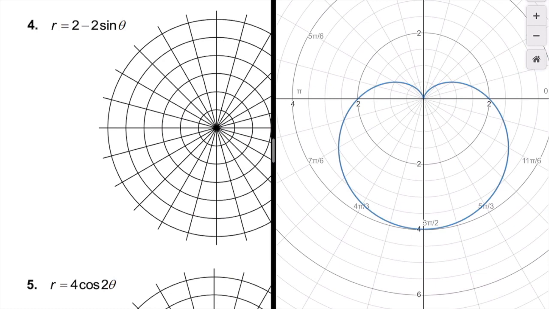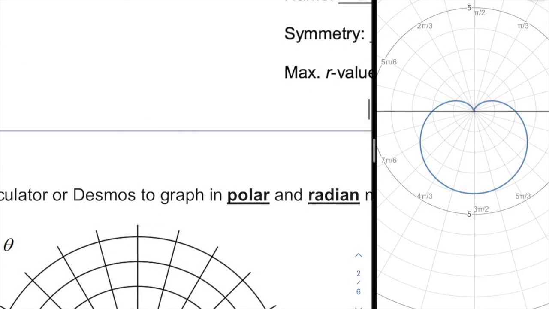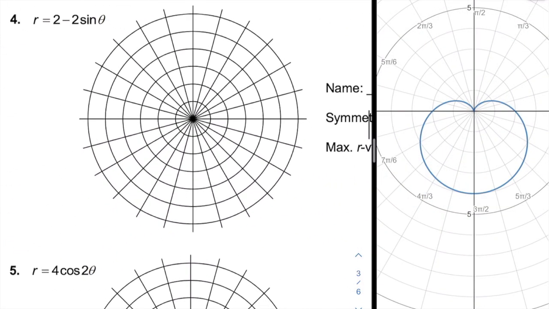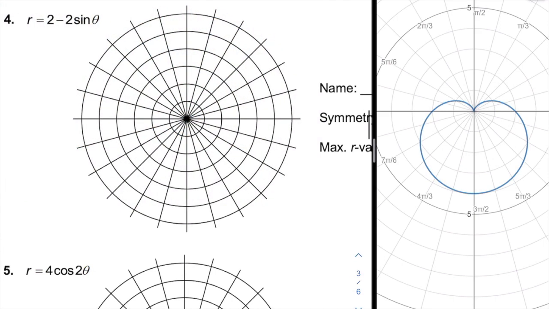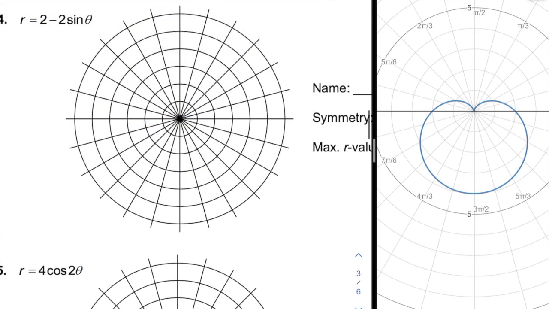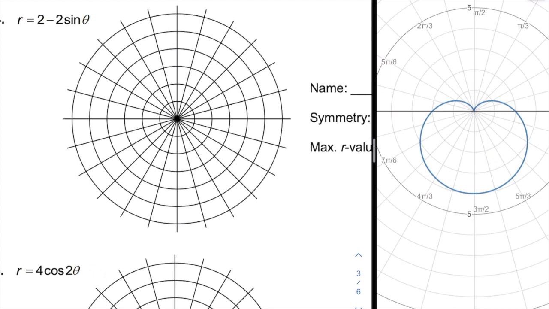How lovely is this? So this forms like a little heart shape, and I'm going to shrink this here and then go ahead and sketch it in. So it looks like it passes through... let's identify a couple of important points that it goes through. 1, 2, 3, 4. So it goes down. Its lowest point is 1, 2, 3, 4. Its widest points on the x-axis, it crosses through 2 and -2.